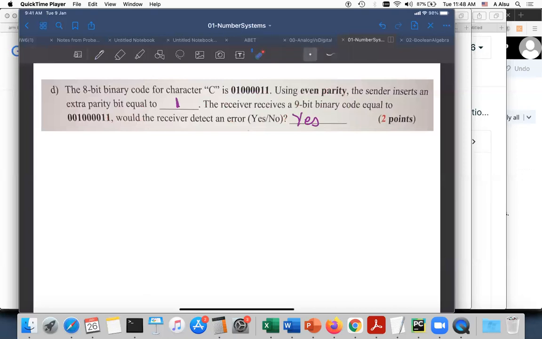So the message contains how many ones, even or odd? It contains an odd number of ones, whereas we're using even parity. This is why. Get it? Yes. Okay, cool.